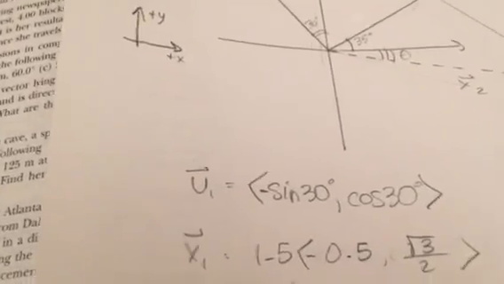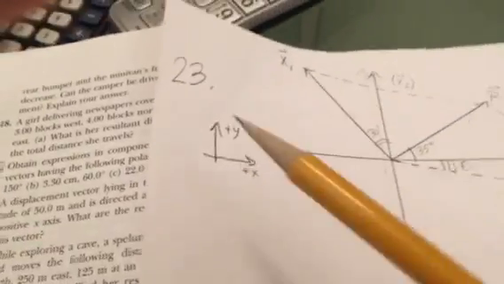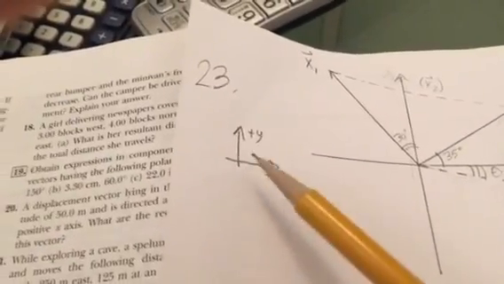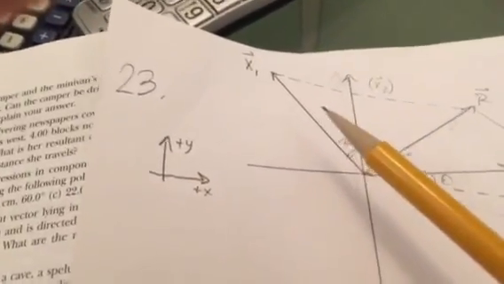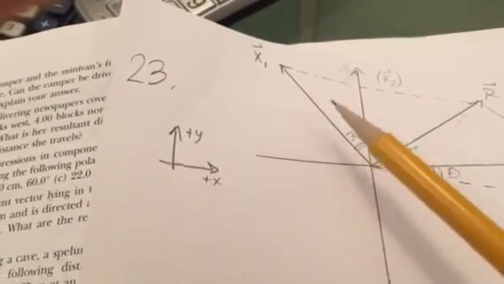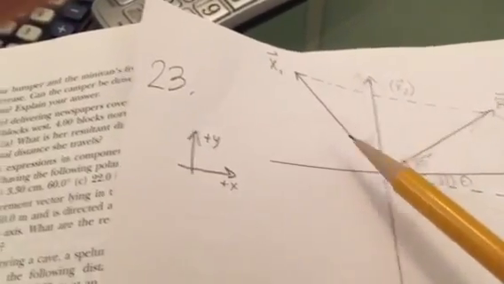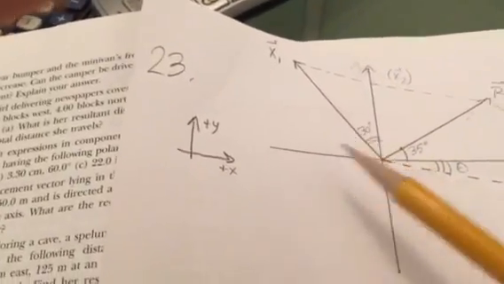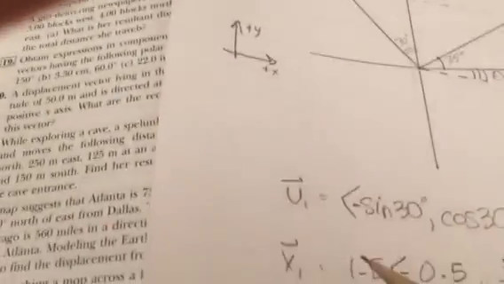Now you're probably wondering, what does this negative mean? Well, because I set my conditions here for what is positive, this first position vector is actually moving in the negative x direction. It's moving this way. So I add a negative there in my unit vector.